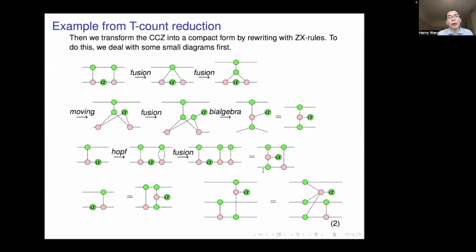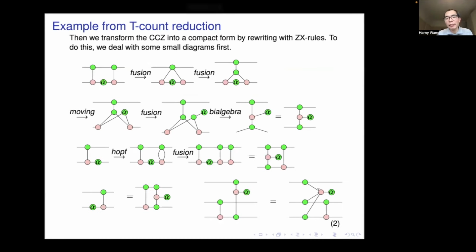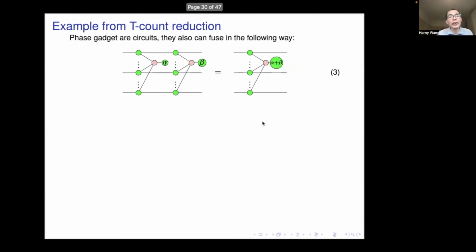So basically, when I have CNOTs and rotations in all these kinds of gadgets, I can do some kind of commutation. Why do I do this? Let's give them a proper name. This kind of thing, with a few green nodes connected to a single red node, with an angle here also connected, we call a phase gadget.